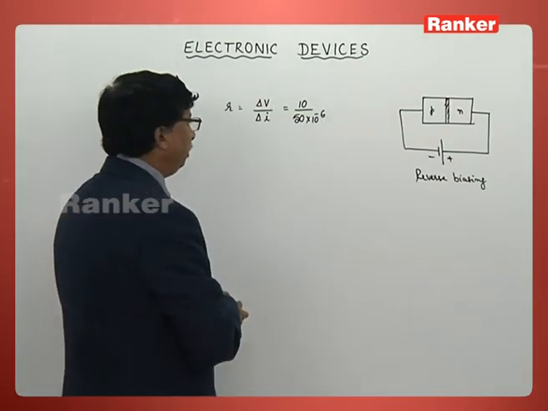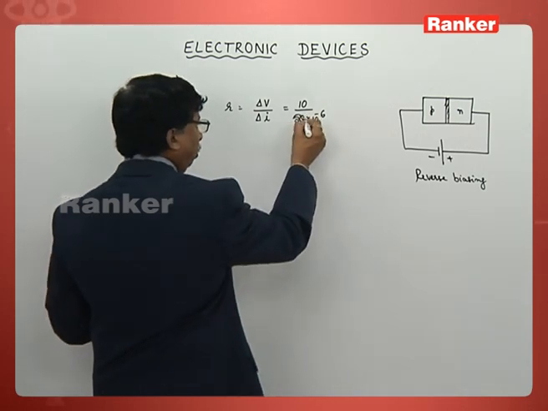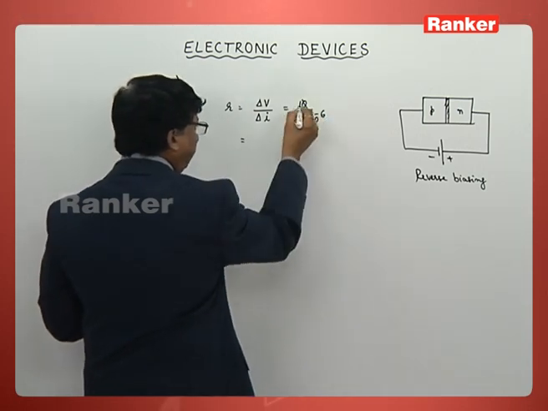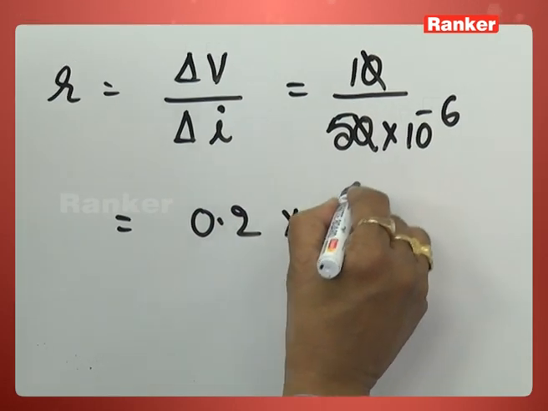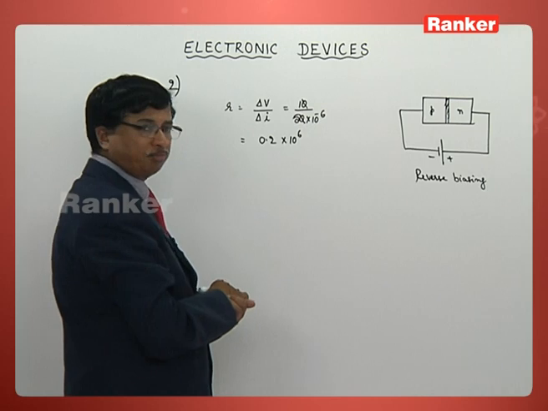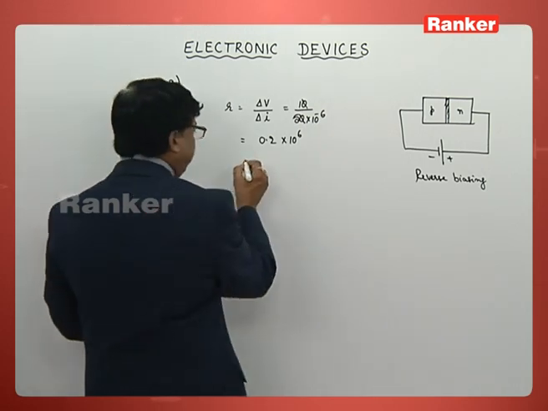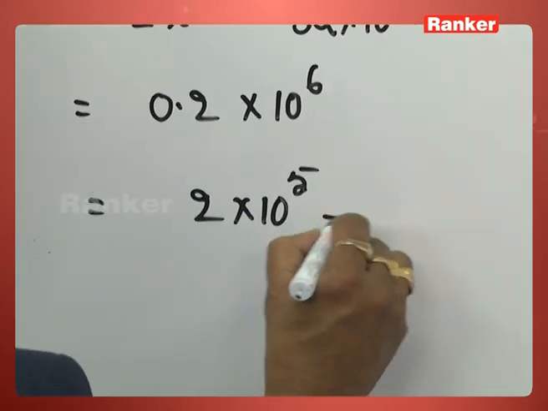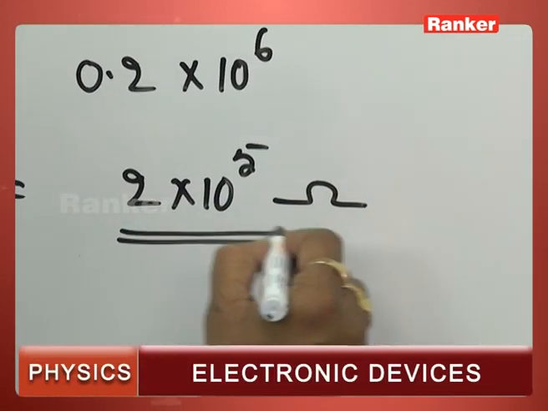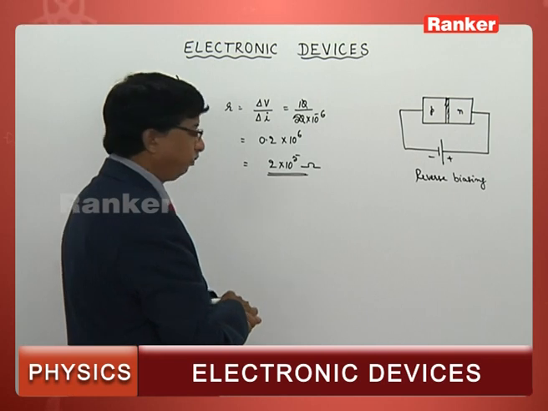Micro is 10 power minus 6, we know that. So 0 when I cut it here, 1 by 5, that now becomes 0.2 into 10 power 6. That only we can rewrite as 2 into 10 to the power 5 ohm. This is the resistance of that diode.